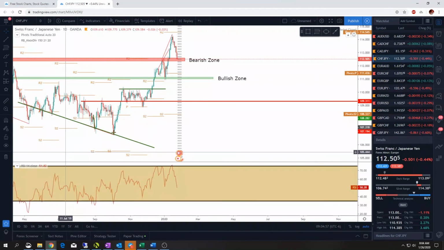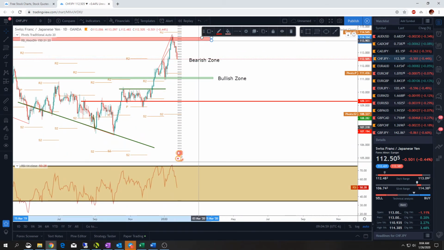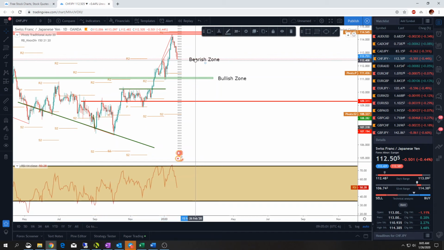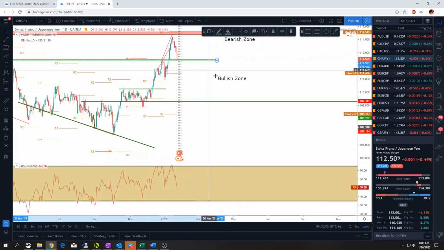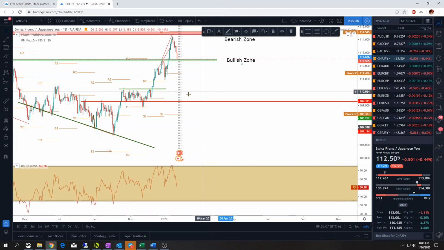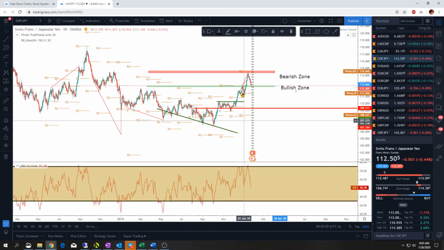So technically, I like this up here. And look at right where price is at right now. So you trend traders, strong impulse leg, retracement. It's touching where former resistance is right now.